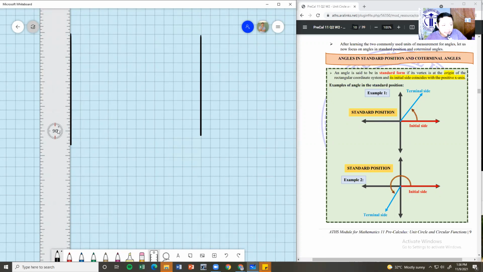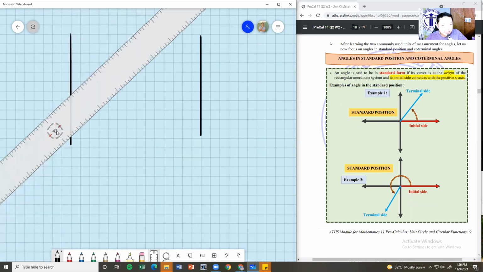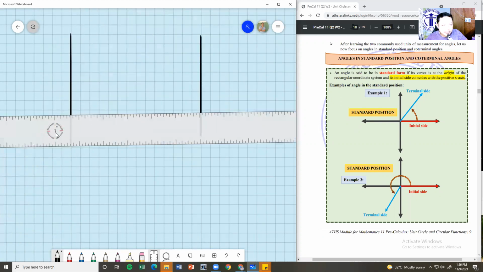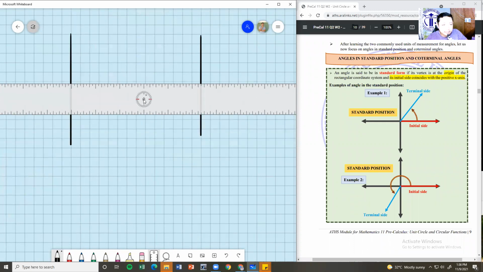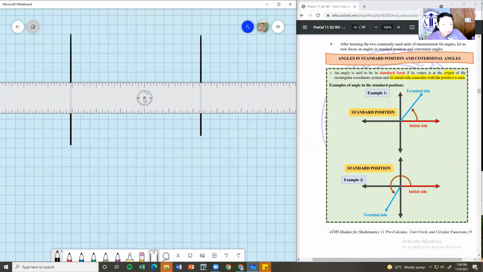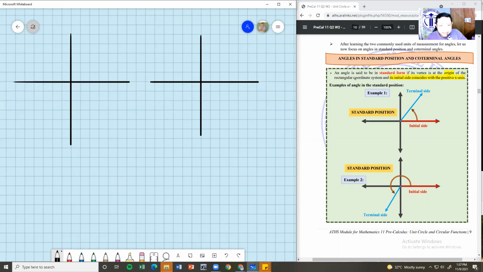Okay. And then the vertical, the horizontal, the x-axis. This is also very easy. Marami lang, pero madaling intindihin yung lesson natin for this week. Okay, let's start the ball rolling. Let me just put the arrows of my Cartesian planes.